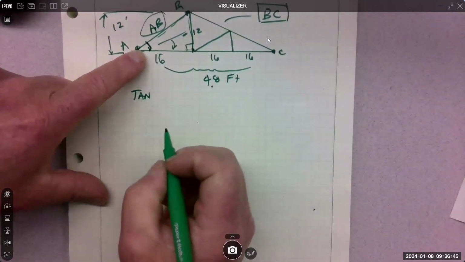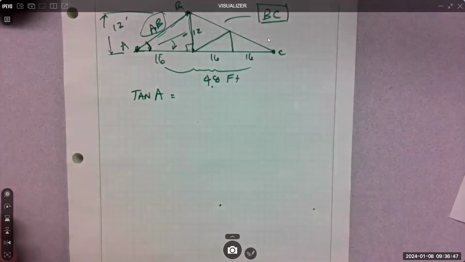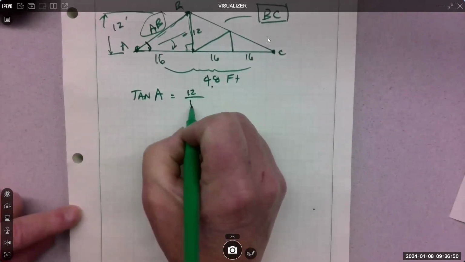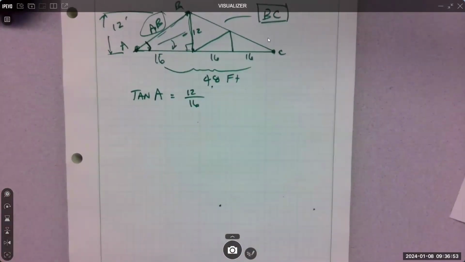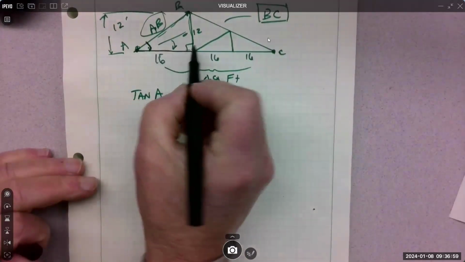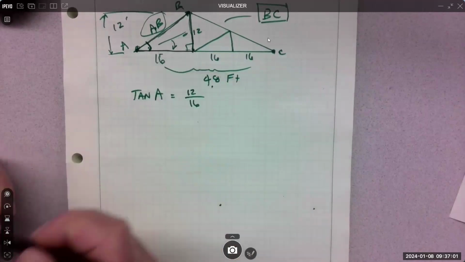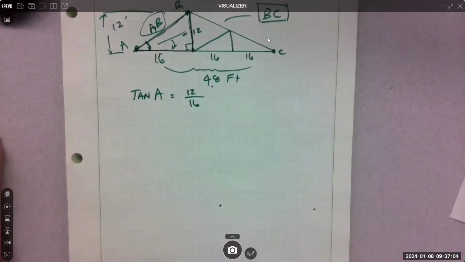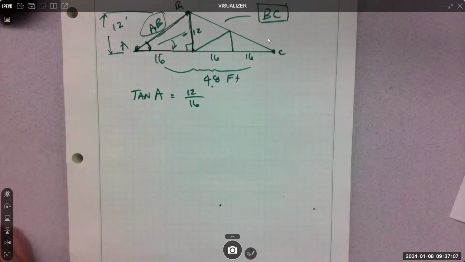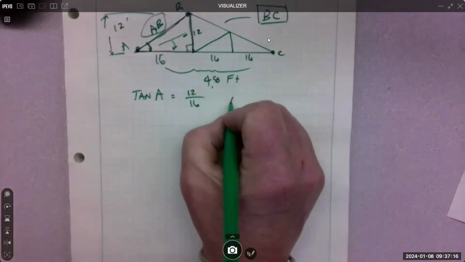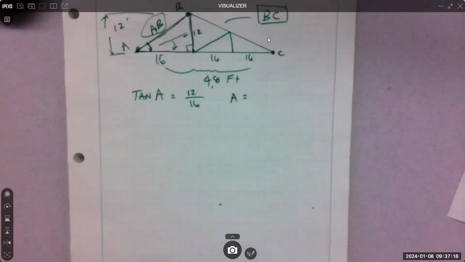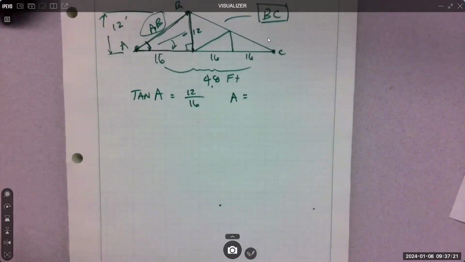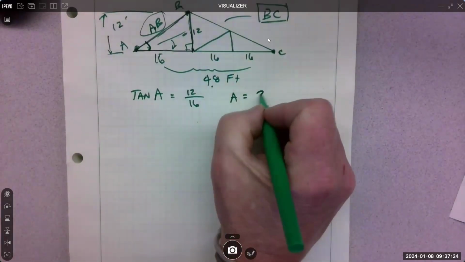So we're going to use a right triangle first. 12 over 16. This one. 36.86 degrees.